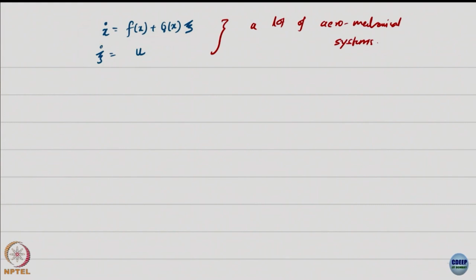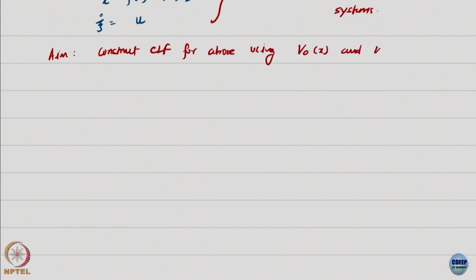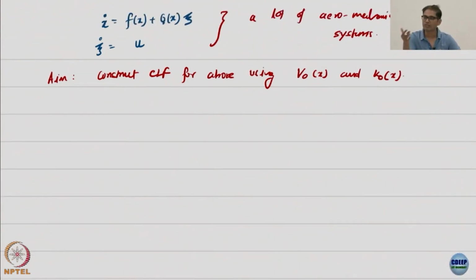I will also write the aim: construct a CLF for the above using V0(x) and K0(x). So I have been given a V0 and a K0 for the original system, and I want to construct a CLF for this new system using that.